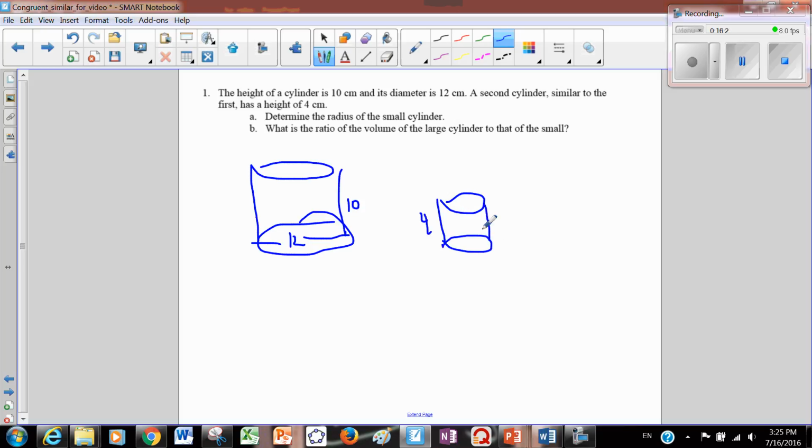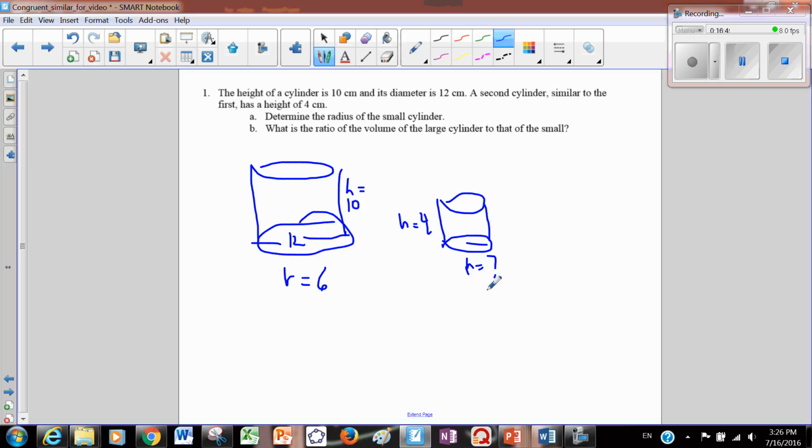They're asking for the radius of the small one. What's the radius of the big one? Well, if the diameter is 12, we need to divide by 2 to get the radius. So the radius here is 6. And here we have a height of 10. Here we had the height of 4, and we're looking for the radius of this one.